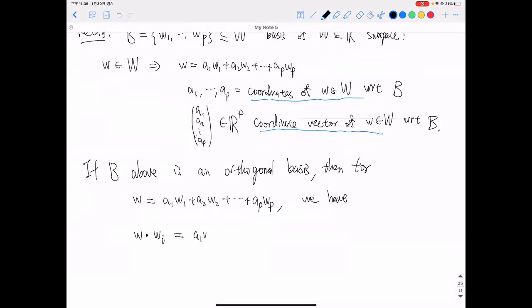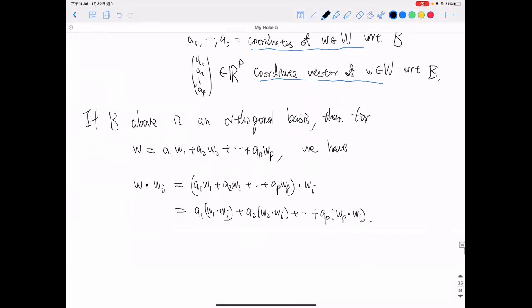On the right hand side, it will be A1 W1 plus A2 W2 plus AP WP dot with Wi, which is the same as A1 W1 dot Wi plus A2 W2 dot Wi, and so on, AP WP dot Wi.